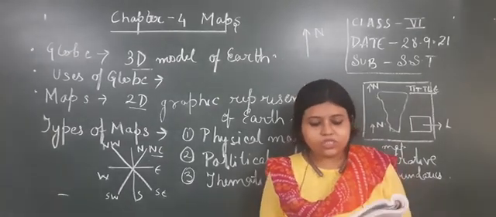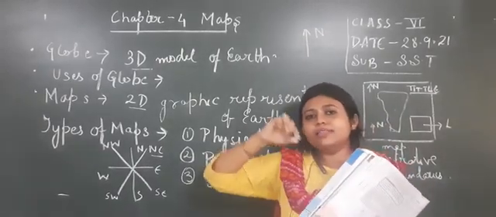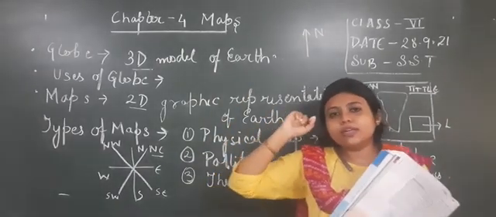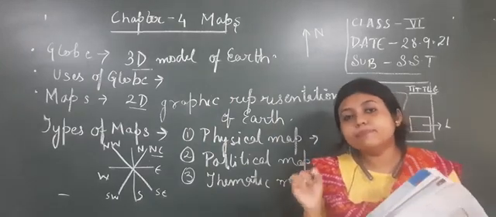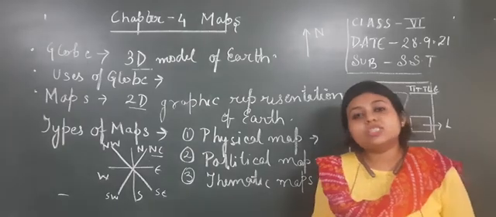Or any plantations. Next, dams and bridges: we can't mark them in the map exactly, so for that we give symbols. These are known as conventional symbols and conventional colors.